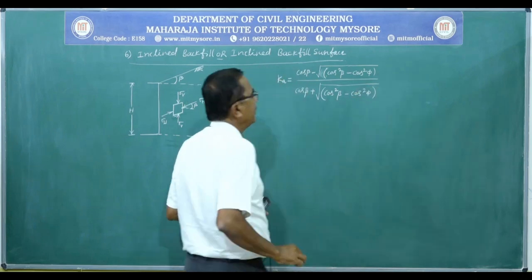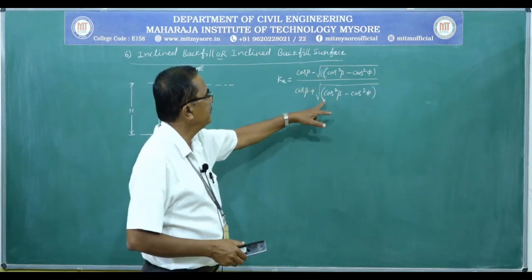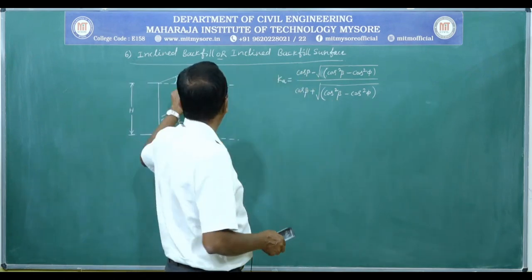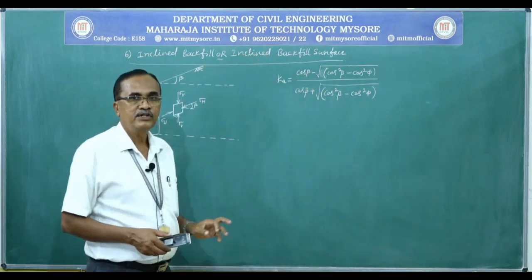It's very easy to remember, there is not much complication here, just cos beta and cos phi. Here beta represents the surcharge angle and phi represents the angle of internal friction of the backfill soil.